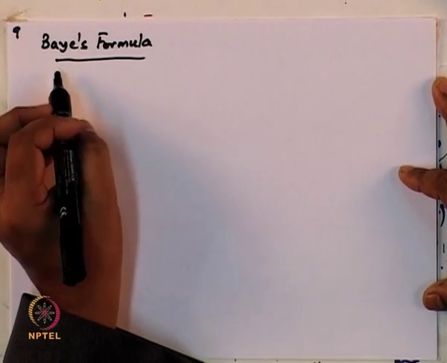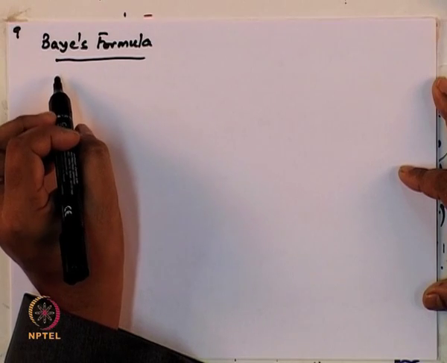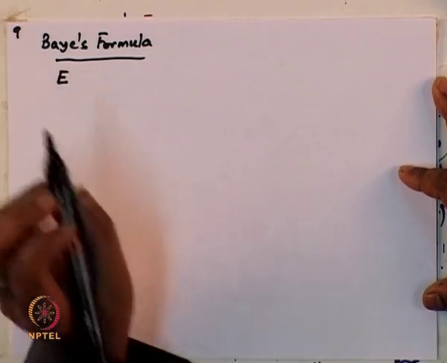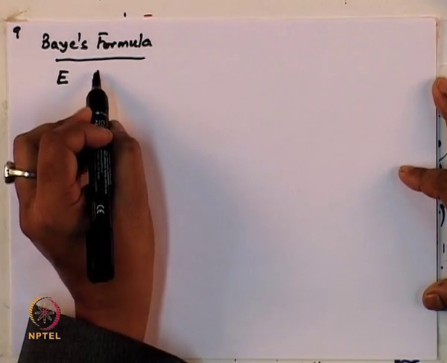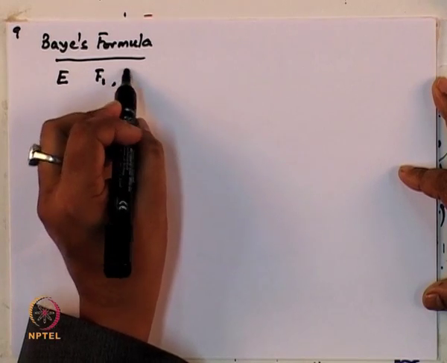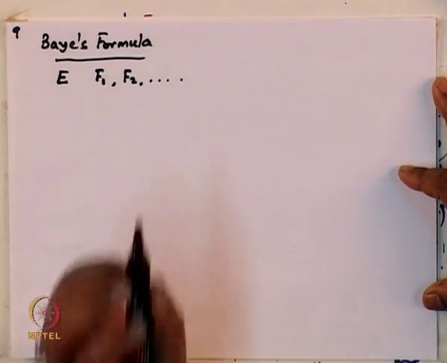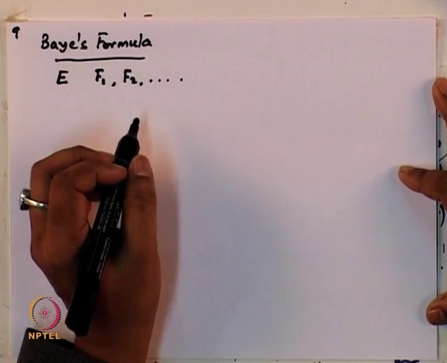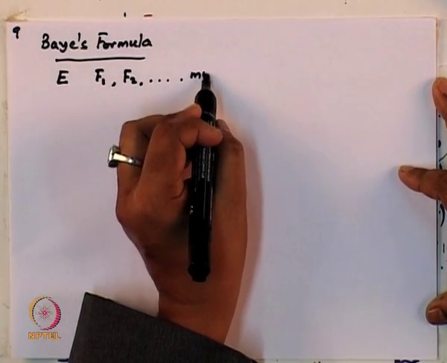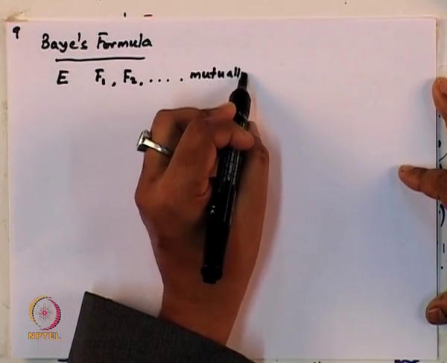Imagine you have an event E and a series of events F1, F2, and so forth, which are mutually exclusive.